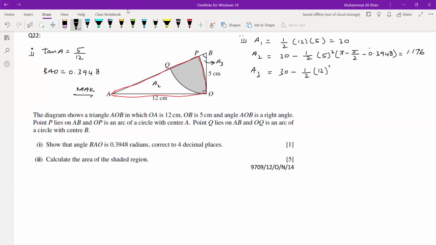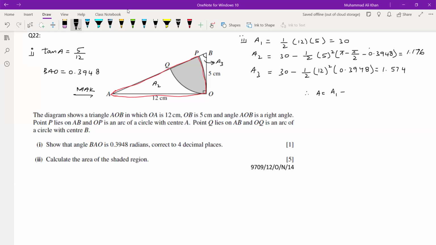Half r squared theta, and theta is 0.3948. So what is area 3? Area 3 is 15.74.